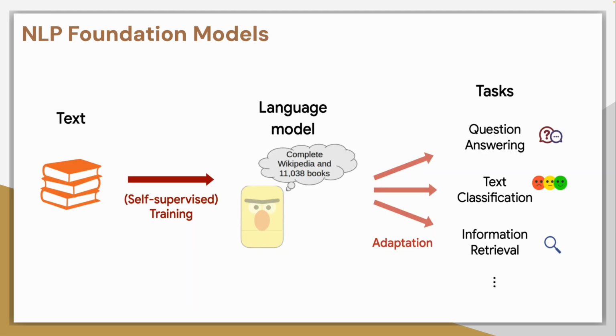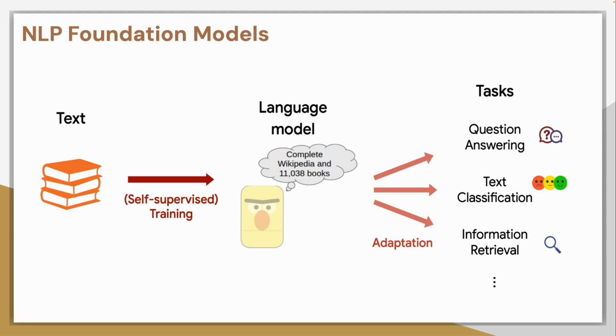Now in the case of NLP, we deal with only text data. We don't have images or videos or any other tabular formats. We usually deal with text data. That is why they are called language models. Suppose you have a lot of text data. You have maybe 1,000 books or some other articles available. You train this language model, or you call this a foundation model, using self-supervised training.